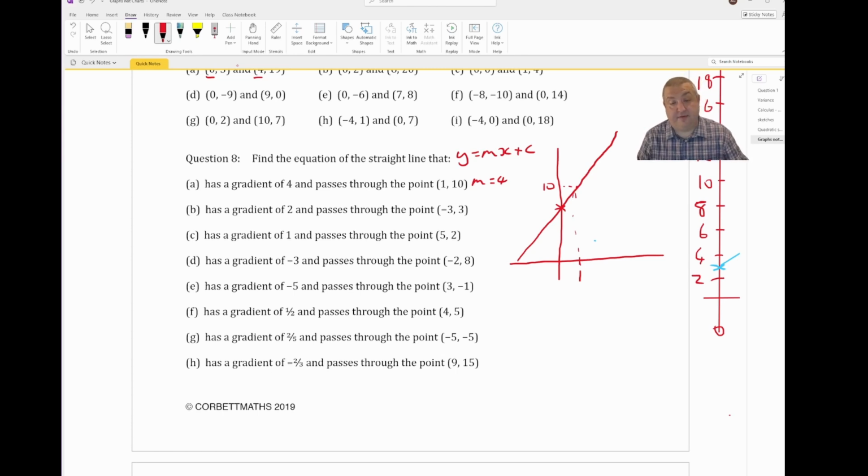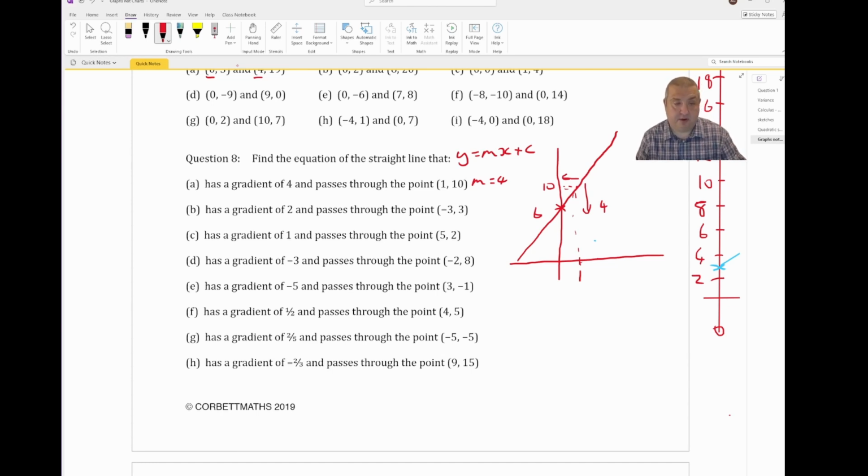Well, we know that for every 1 it goes across, it goes up 4. Therefore, for every time it goes back this way, it goes down 4. So working back, that's going to be 6, isn't it? Because it's going back 1 and therefore down 4.